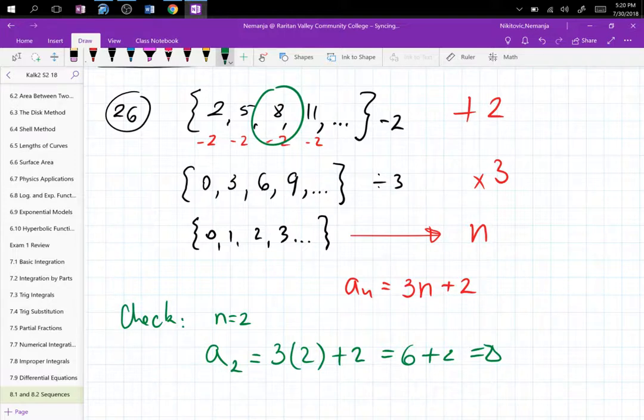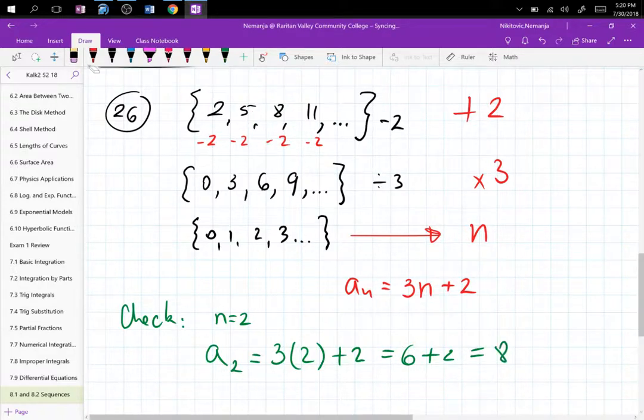Well, yes, because it's 0, 1, 2, 3, right? So we were able to confirm that our method works. I mean, this is not a proof, right? This is something that says it works.